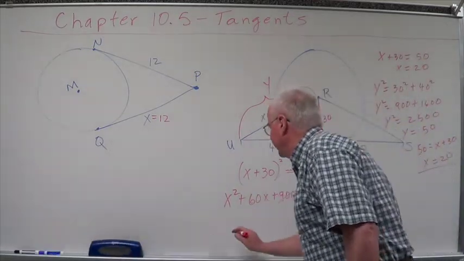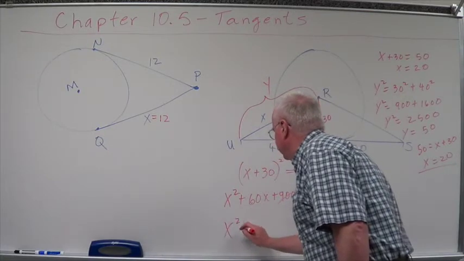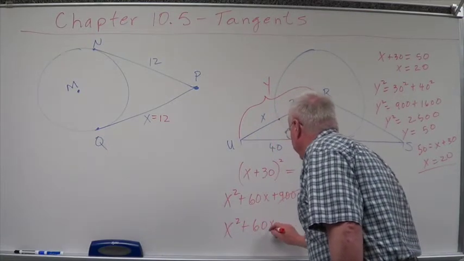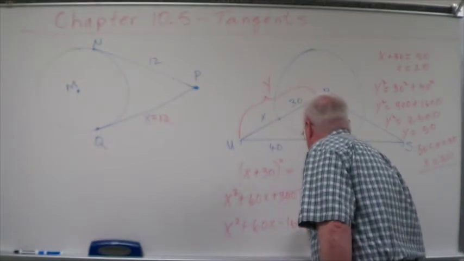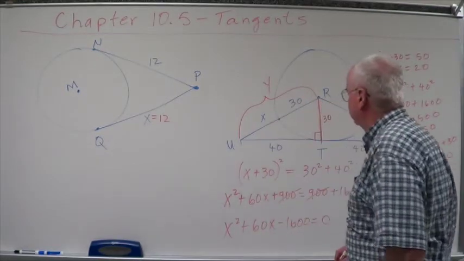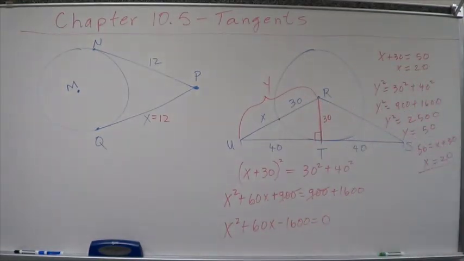We need to set that in good old basic form, so we can put it in a calculator: x squared plus 60x minus 1600 equals 0. Now, what two numbers can we add to get 60, and multiply to get negative 1600? One is going to be negative, so we're actually going to subtract two numbers.